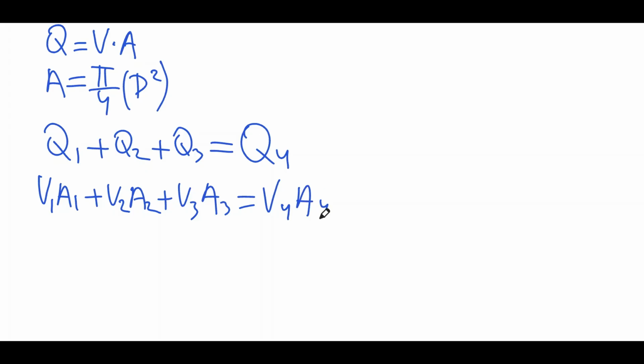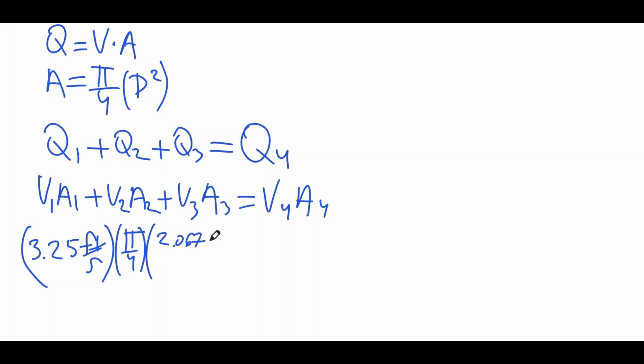Now let's insert the values from the table for velocities and inside diameter. So for the 2-inch branch, we have 3.25 feet per second, pi over 4, times 2.067. That's in inches. We need to get feet.